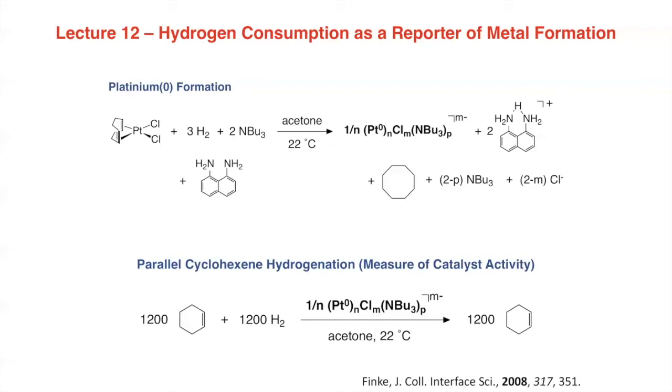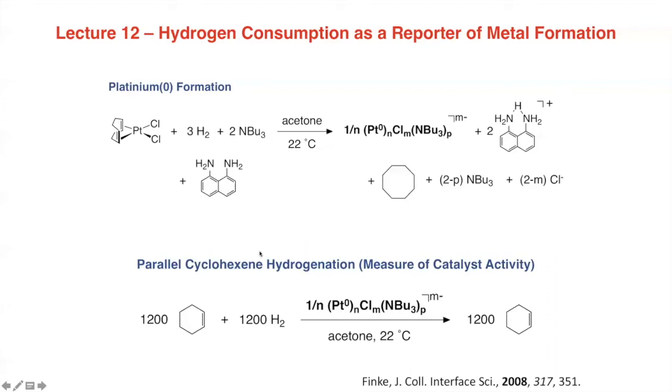So, this is an example of an ion pair adsorption to the surface of platinum zero. There may be some platinum 2 in here as well to help make the ligand stick. It's not clear, not important for the discussion right now.